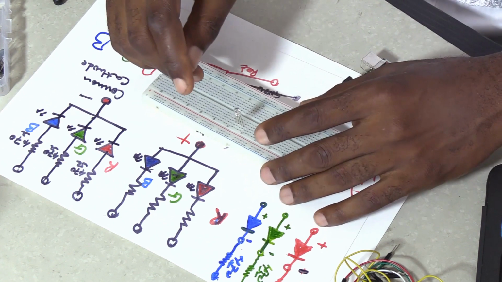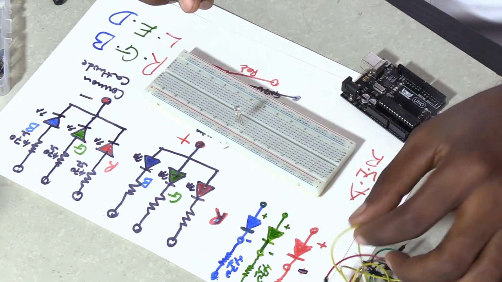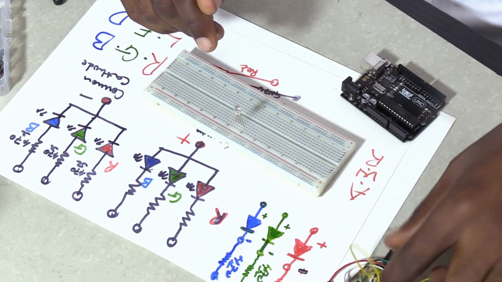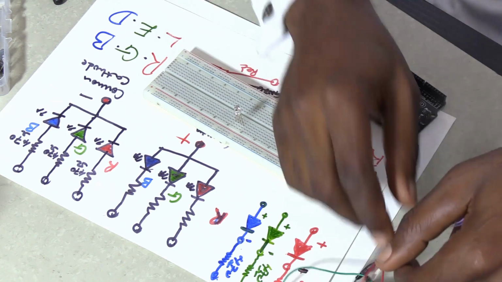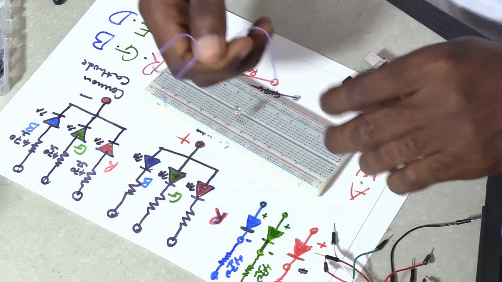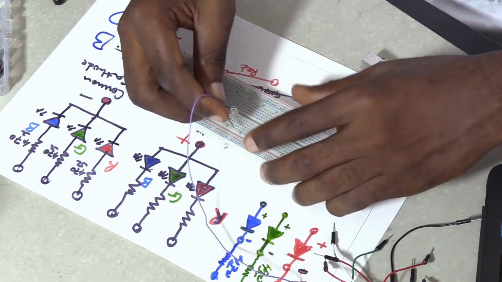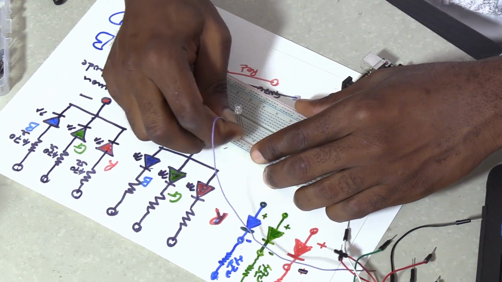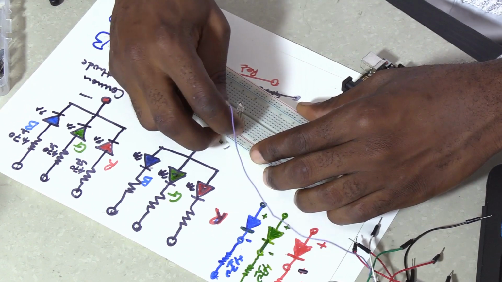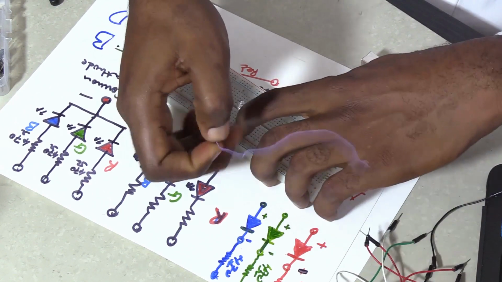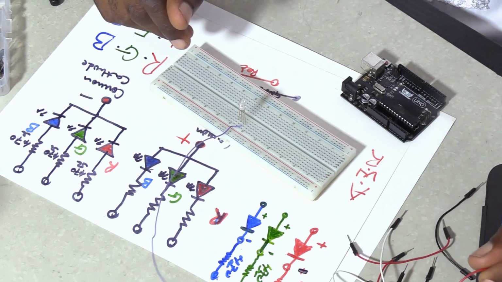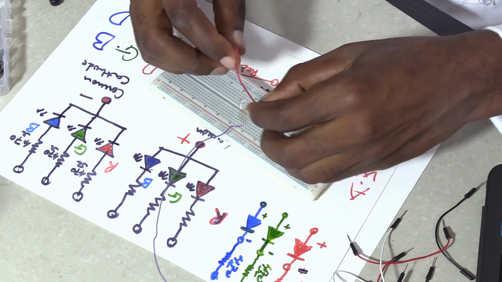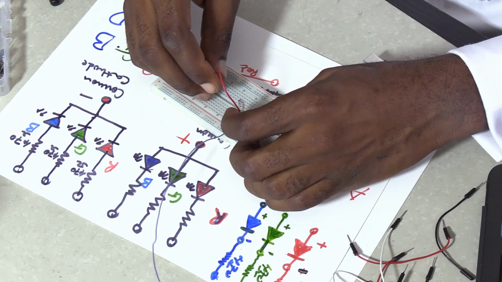I will use this as my ground, which is my longer leg. It's my ground wire, and I use the red for red, which is the first leg.